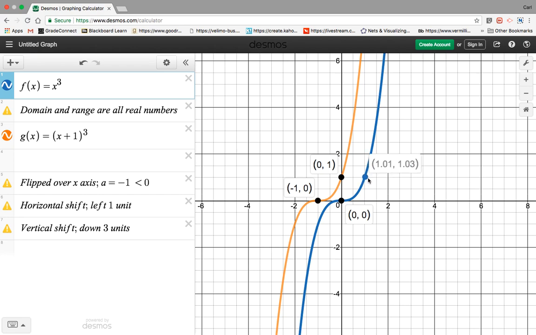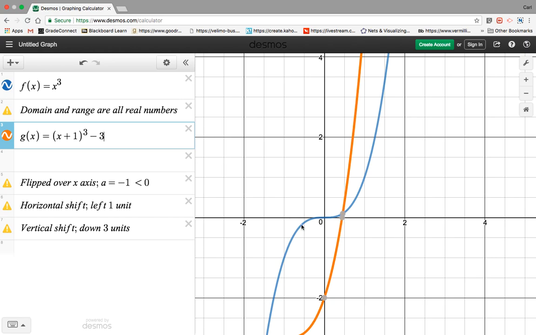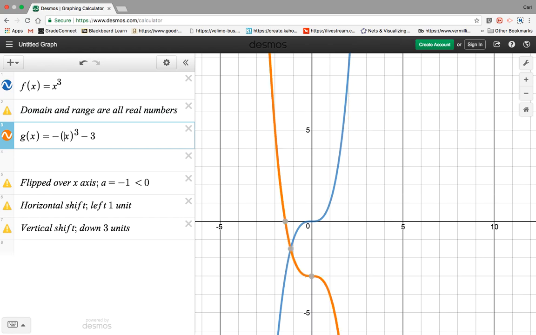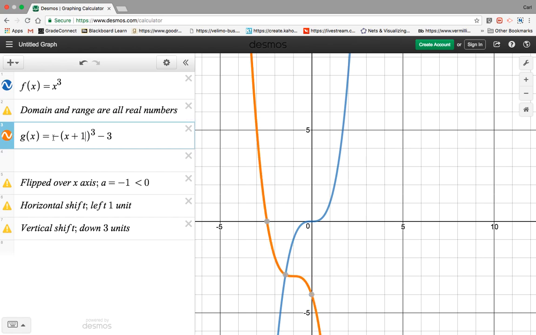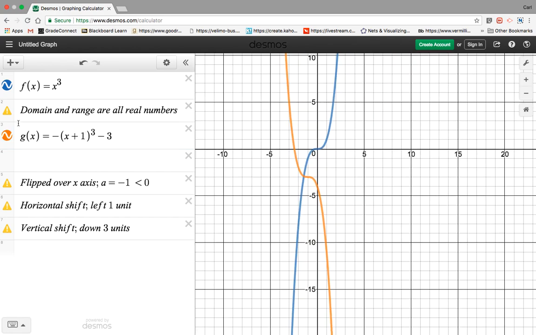So that's cool. I think this is helpful if you're not convinced that a lot of these points are shifting. And we also saw that this was deducting 3 at the end. So if we were to compare this with the original one, it's definitely shifting down 3 units, but we've highlighted everything we need to highlight: the vertical flip, the horizontal shift, the vertical shift.